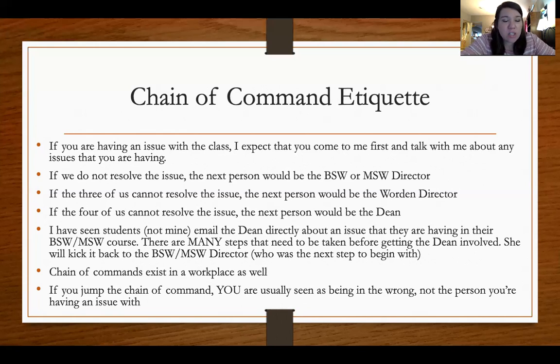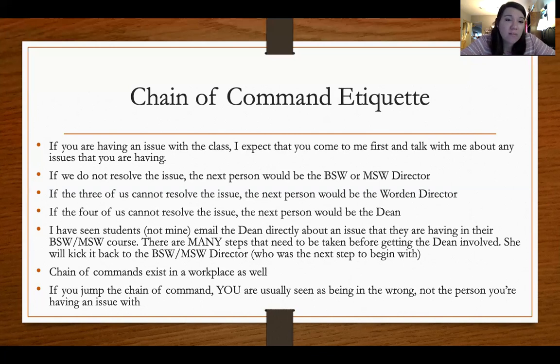So I have seen students, fortunately, not any students of mine, who have emailed the dean directly about an issue that they are having. And there's many steps that need to be taken before you get the dean involved. She will immediately kick it back to the BSW or MSW director, who was the next step to begin with, and the whole process will take even longer.